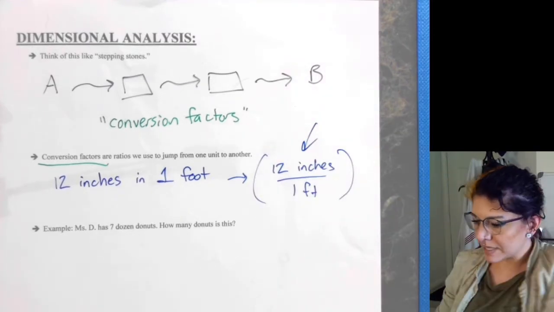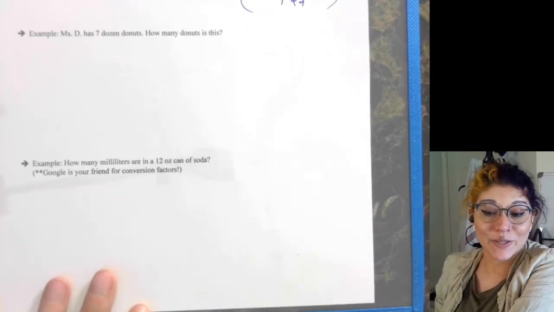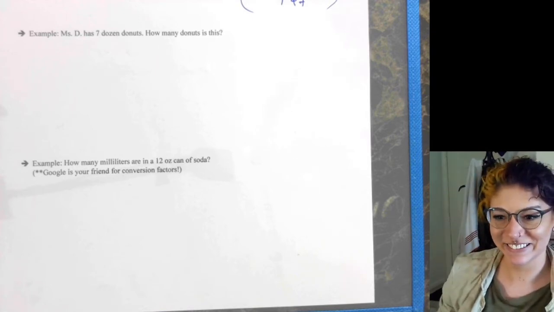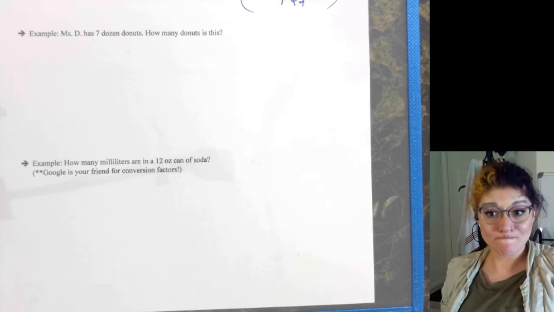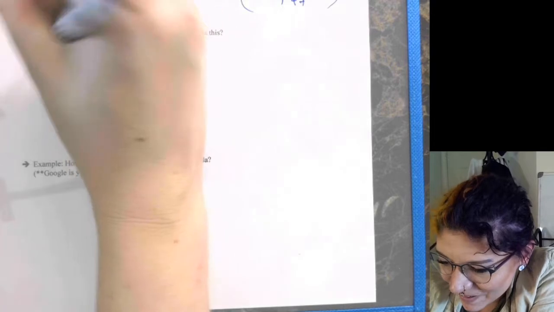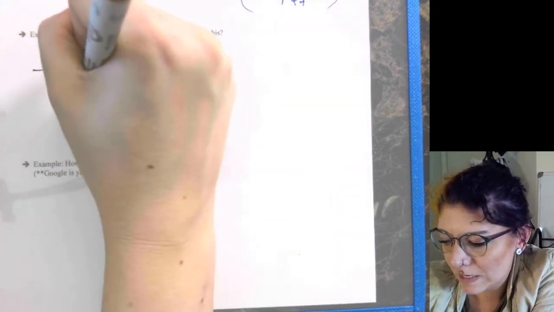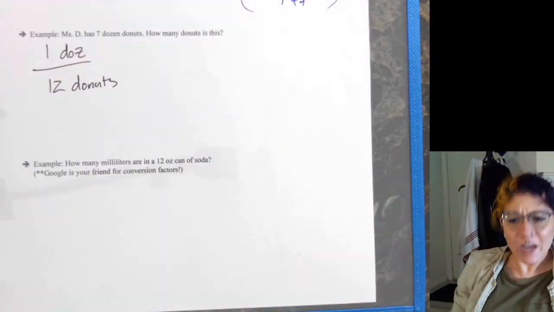So let's look at this example. So I have 7 dozen donuts. Ooh, I wish I had 7 dozen donuts. So how many donuts is this? So I've got 7 dozen, and in this scenario, I'm going to assume that 1 dozen is 12 donuts. How many donuts is this?